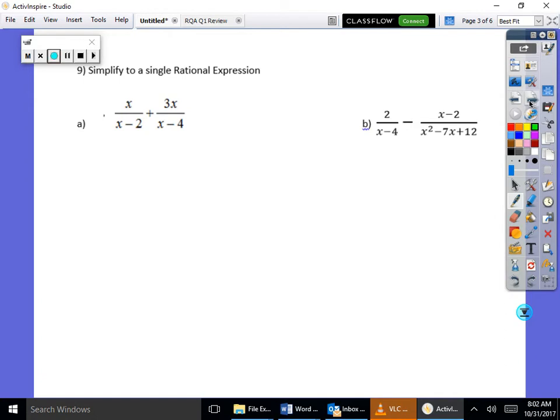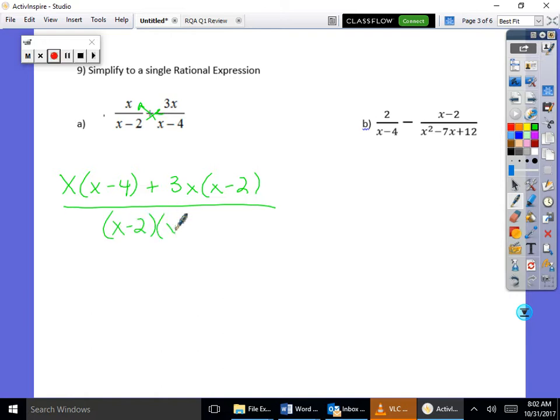Okay, so 9 I did before, but I'm going to just go over it so we have it on a video. Nothing matches, and I can't factor, so I'm going to do crisscross. So I'm going to do x times x minus 4 plus 3x times x minus 2 all over x minus 2 times x minus 4. Don't forget to distribute to both parts.